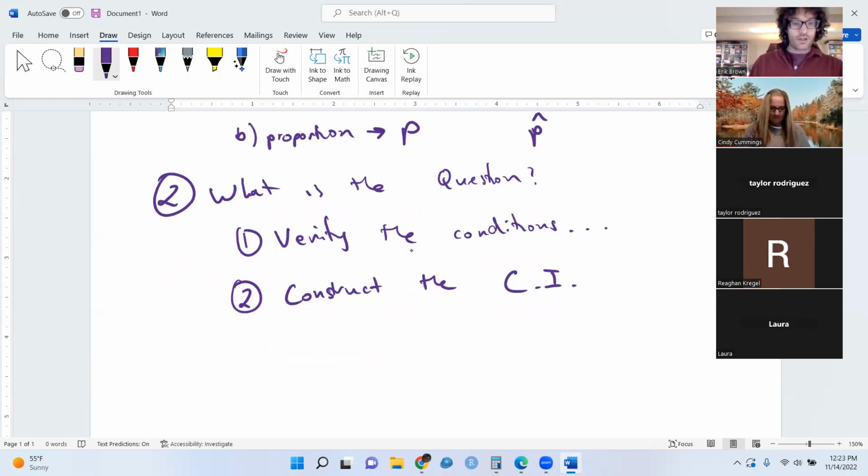Or the third question is the one we just did in 9.4. It could be the how many question, or the estimate the minimum.